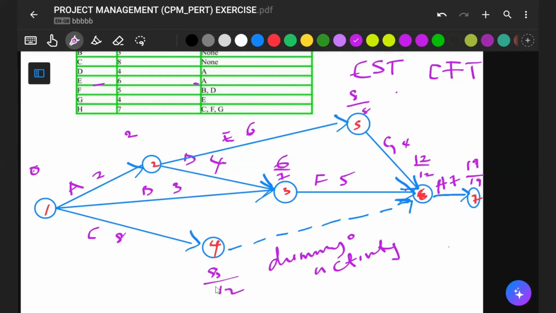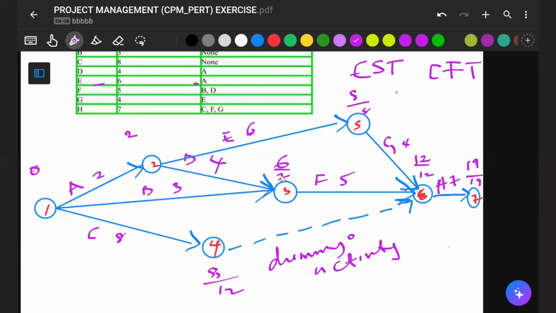So getting to this point, you have 7 here. In our backward pass we have not had any issues so far.